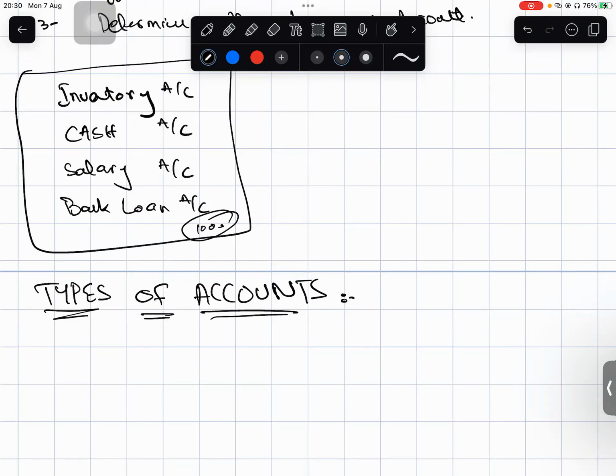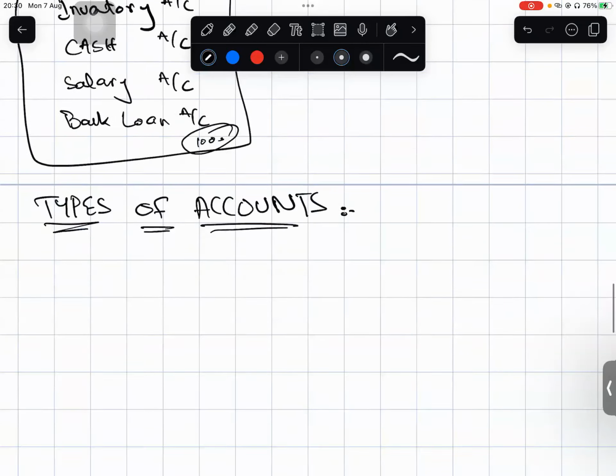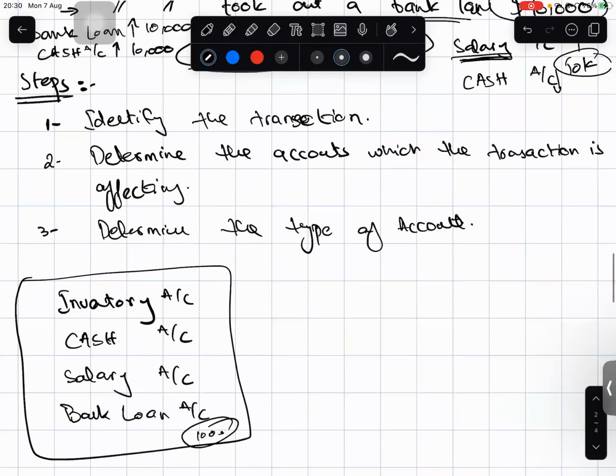No matter what the name of the account is, it is going to fall under one of the 5 things that I'm going to write now. And the treatment that you have to do will be based on which of those 5 things the account falls in. It is very, very simple. Like I said, if you've done these 2 steps, you've done 30% of recording of transactions.